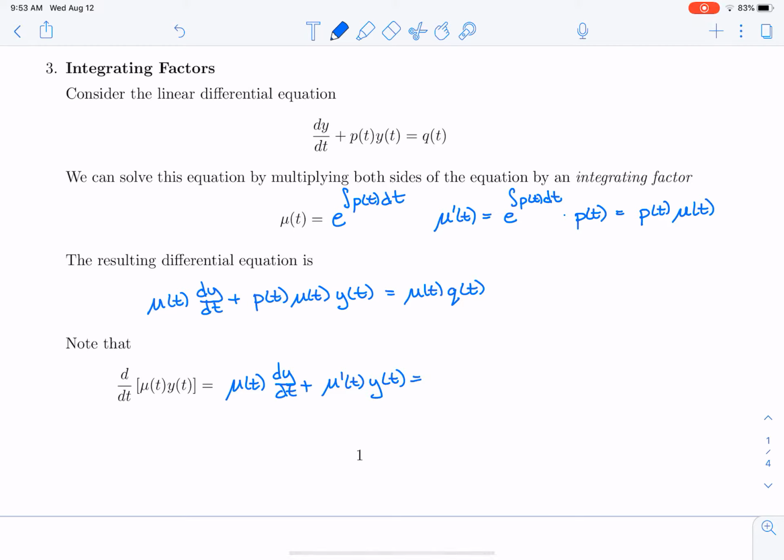Okay, so that's mu(t) dy/dt plus p(t), because mu prime of t is p(t) mu(t), y(t). And so hopefully you see that this matches the left-hand side of our equation.